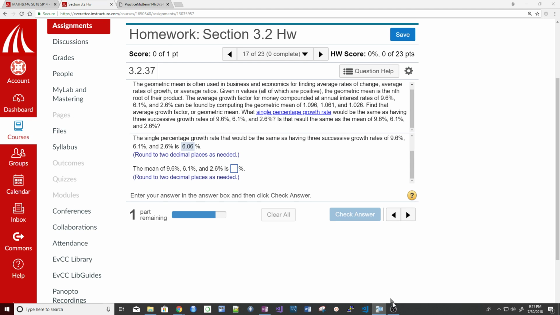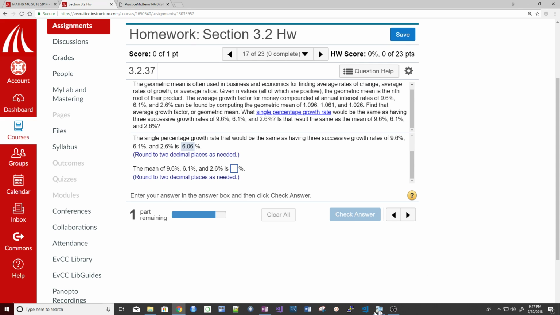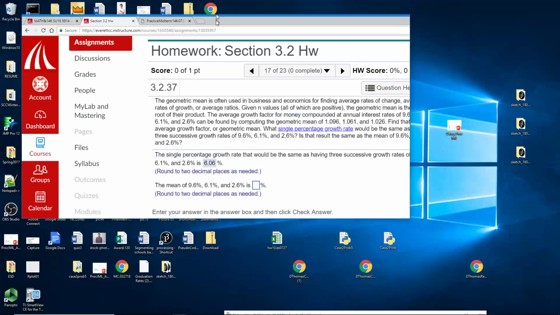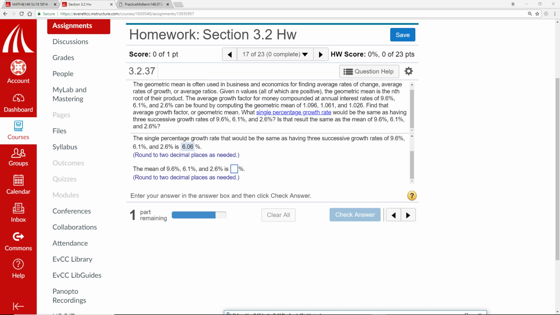When I added them up, you have to add them up and divide by 3. I thought it was like 18 point, let me see.